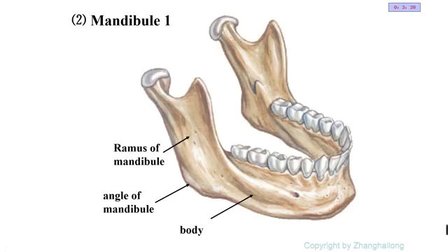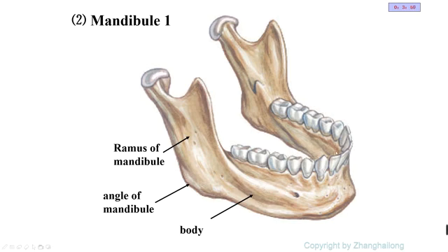Okay, now let's see the second bone, the mandible. The mandible is a very big bone and a very important bone for us because many bones in the skull can't move, but this bone always moves because there is a very important joint, the temporomandibular joint. Now let's see the structures on this bone.